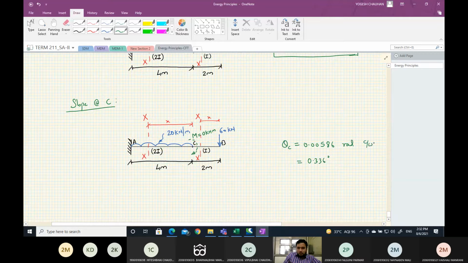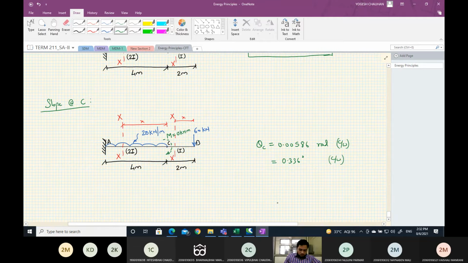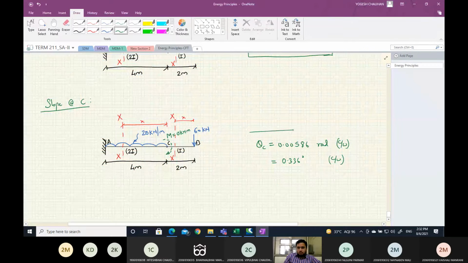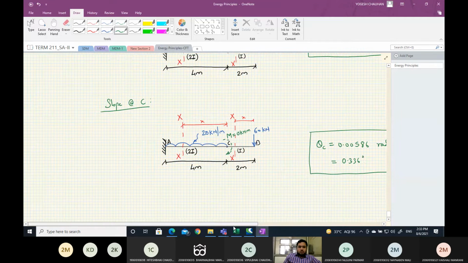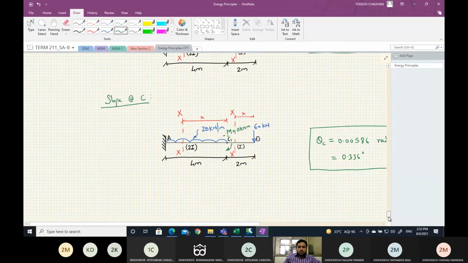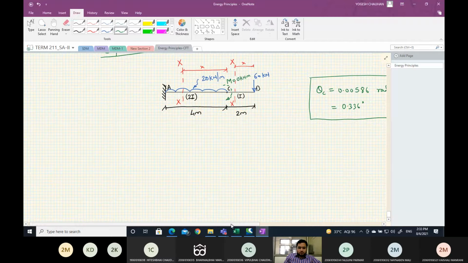Both of these are clockwise only. So you just try to solve this, and if you find any difficulty, we'll discuss in the next class.